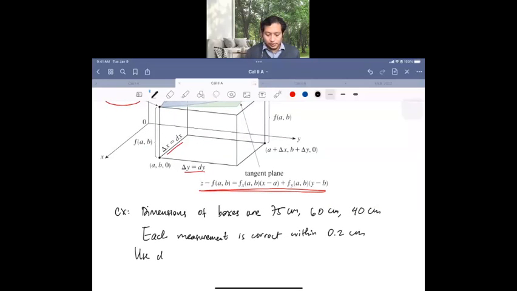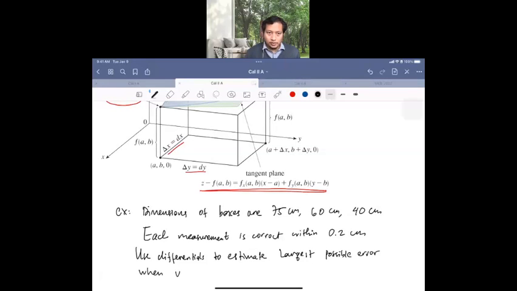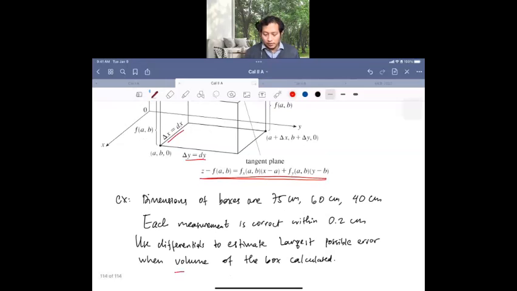Use differentials to estimate the largest possible error when the volume of the box is calculated. I think the objective is very clear. The objective is actually finding the error for the volume.